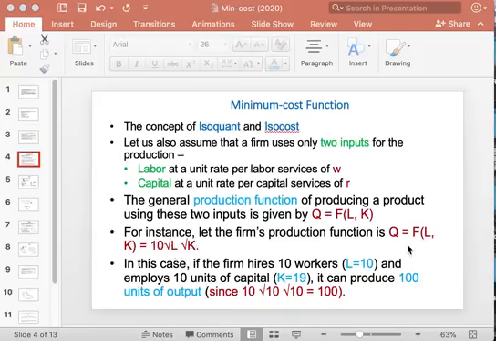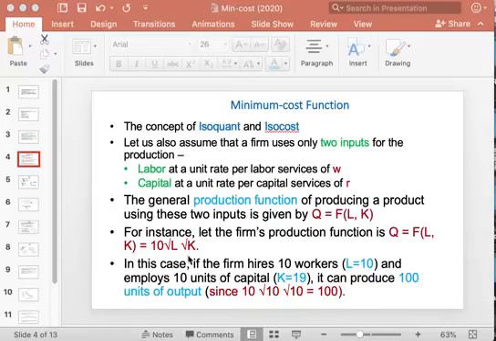For example, here Q is equal to 10 times the square root of L times the square root of K. For any firm, first you need to generate the production function equation. In this case, we are assuming that the firm's production function is given by 10 times the square root of L times the square root of K.